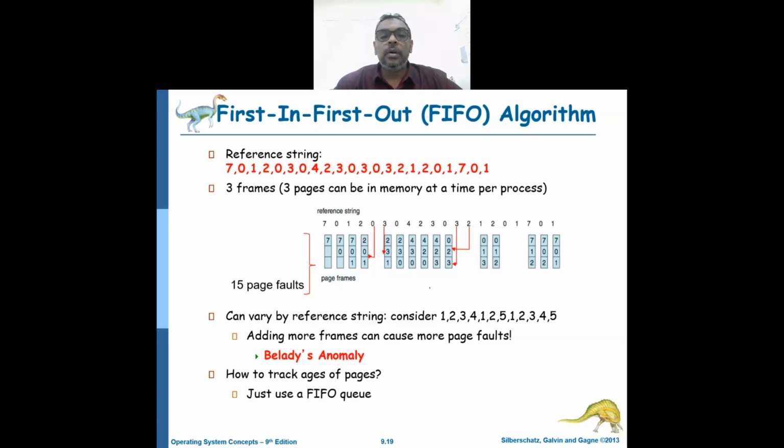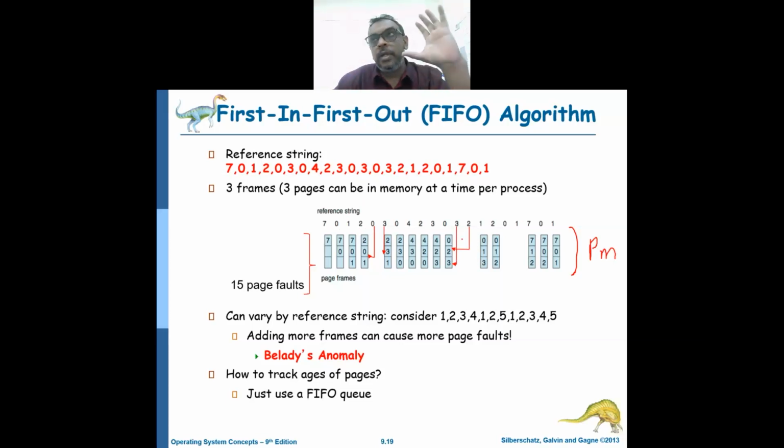And these are the frames, which are actually the physical memory. The pages over here, 7, 0, 1 and so on, are coming from the virtual memory.